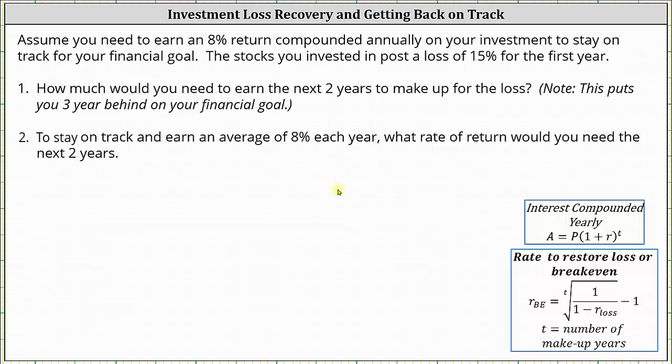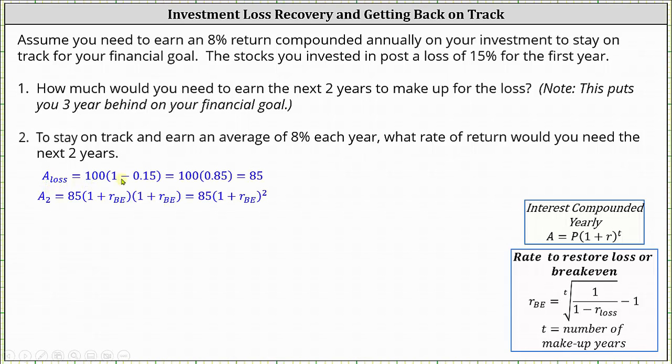To begin, we need to determine the account balance after a loss of 15% in the first year, which is A sub loss equals 100 times the quantity 1 minus 0.15, which results in $85. Next, we need an expression for the account balance for the next 2 years.